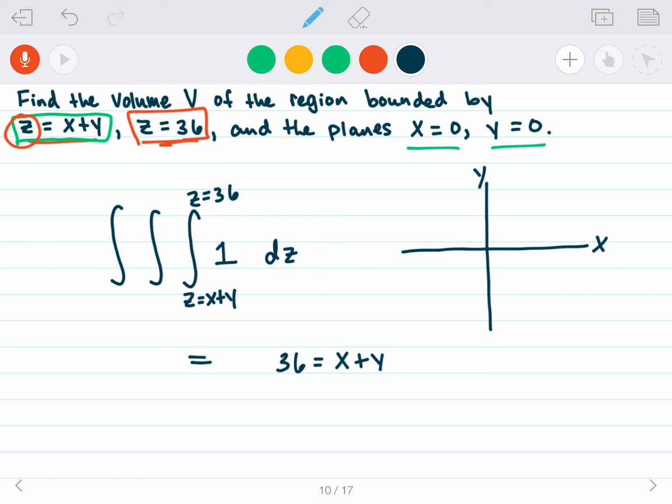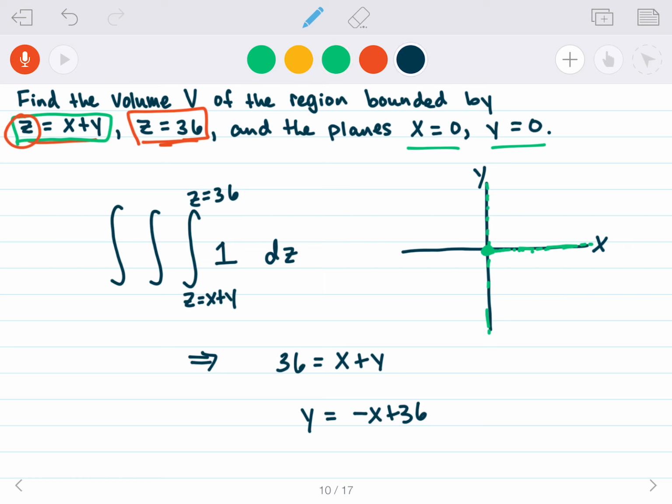So here is what I have. Now I want to be able to sketch my region. To do that, I can isolate y so that it's a line. To isolate y, I can subtract x from both sides. So I get negative x plus 36. And meanwhile, x equals 0, y equals 0. Here's x equals 0, here's y equals 0. Just the horizontal line that goes to the x-axis is y equals 0, and x equals 0 is the vertical line that goes to the y-axis.